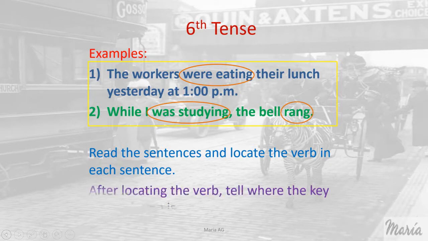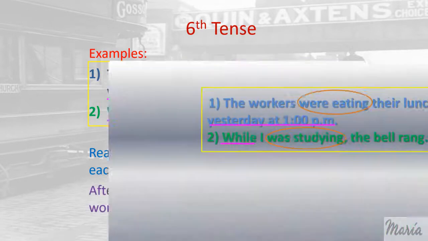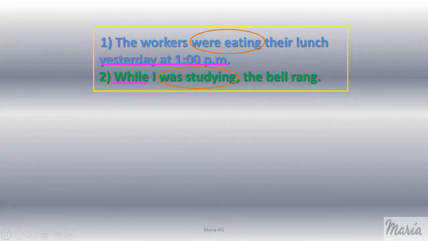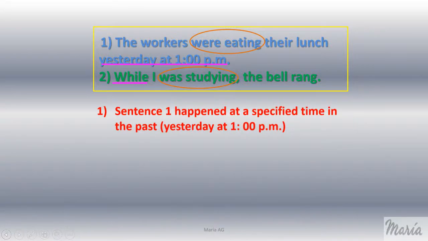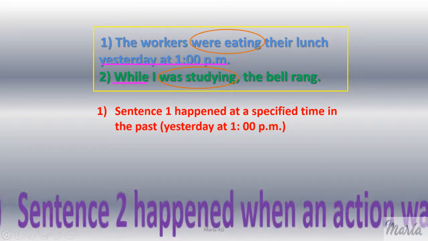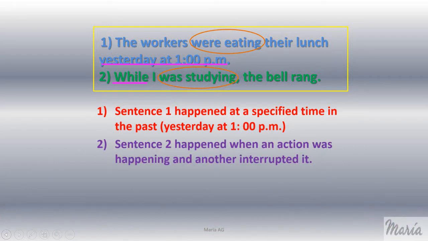After locating the verb, tell where the keyword of time is. Sentence 1 happened at a specified time in the past, yesterday at 1 p.m. 2. Sentence 2 happened when an action was happening and another interrupted it.